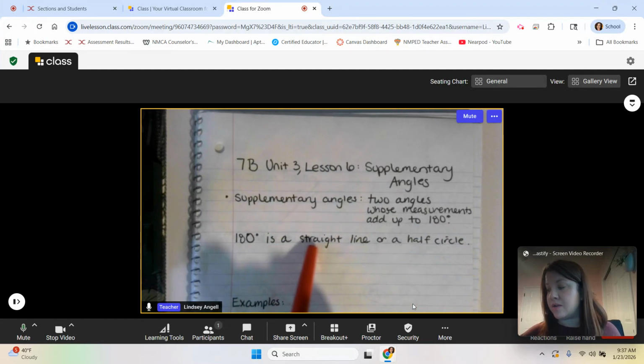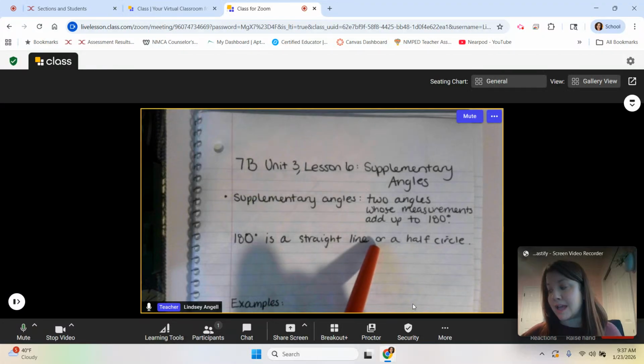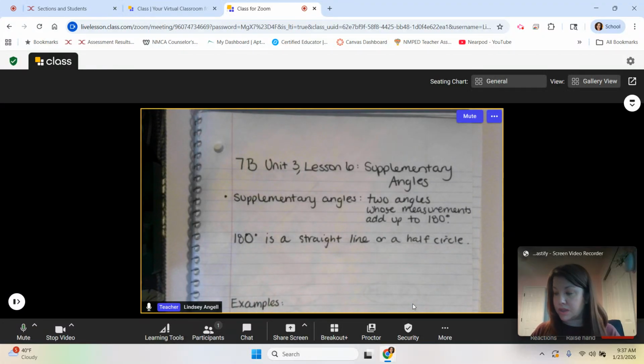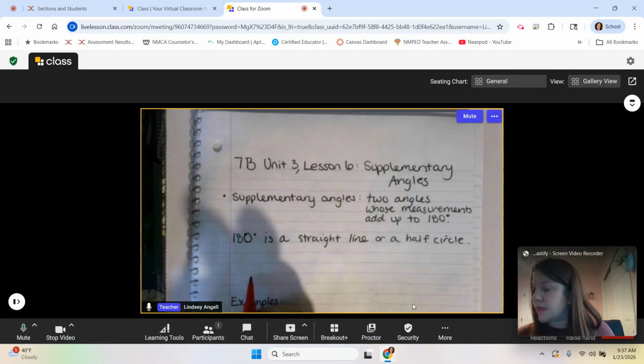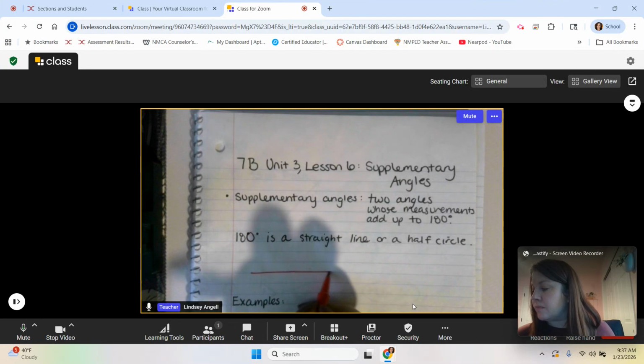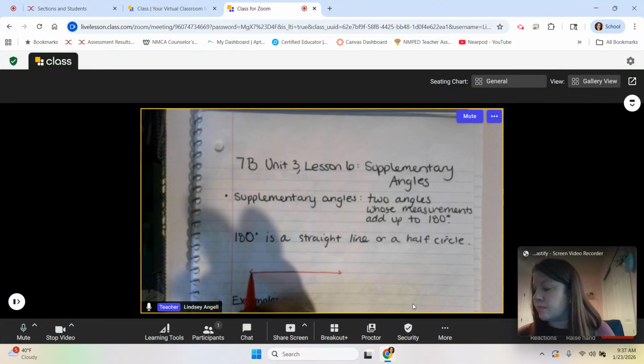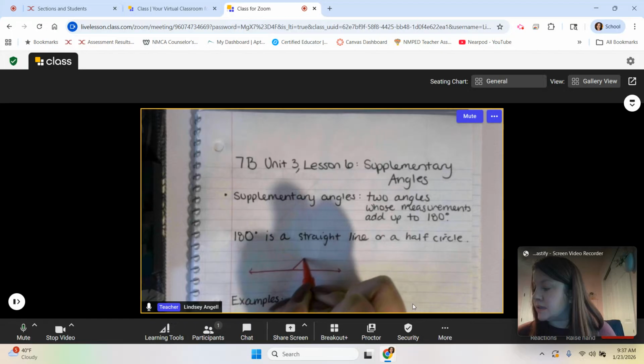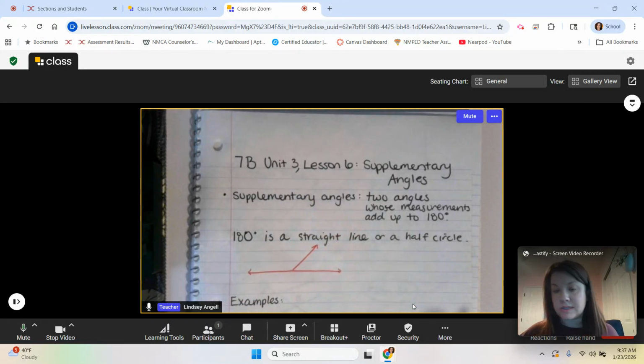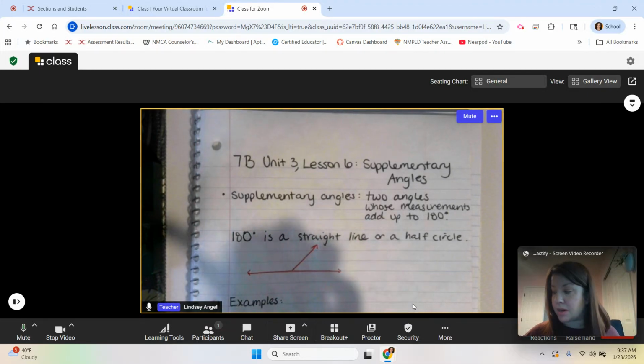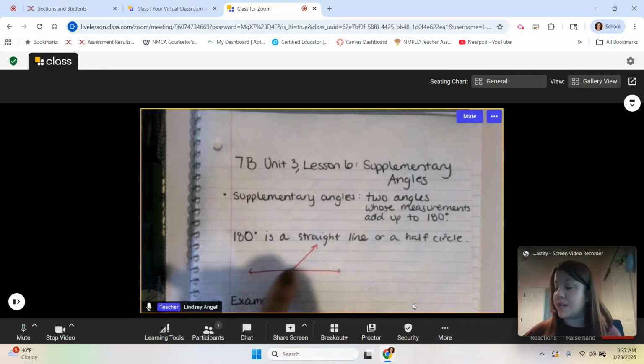Also, 180 degrees is a straight line or a half circle. You could think of it either way, right? Let's say here's a straight line, and I could make two angles that, when smushed together, I mean adjacent angles, right?